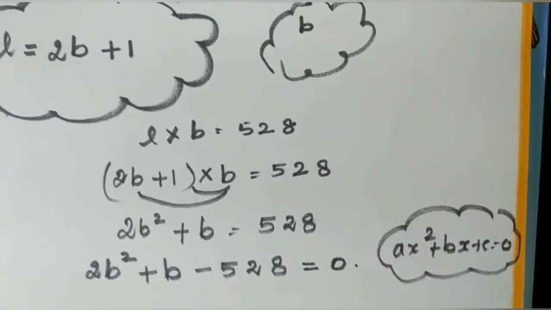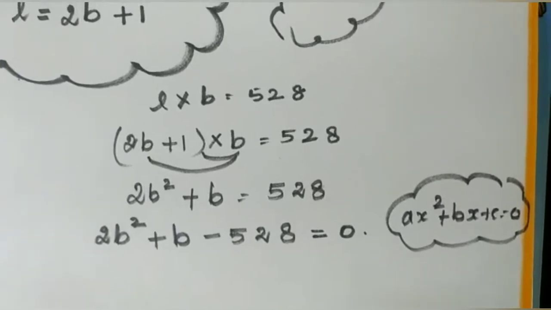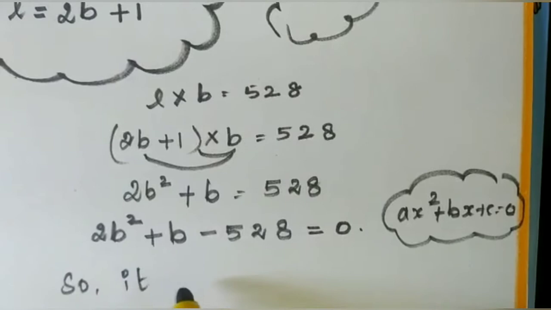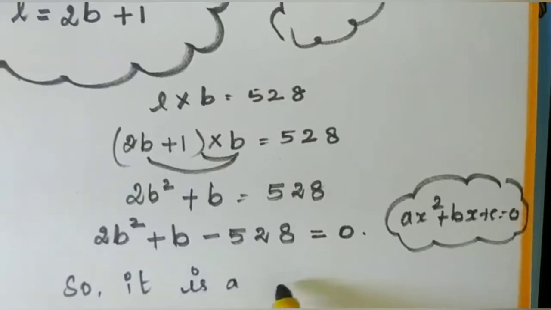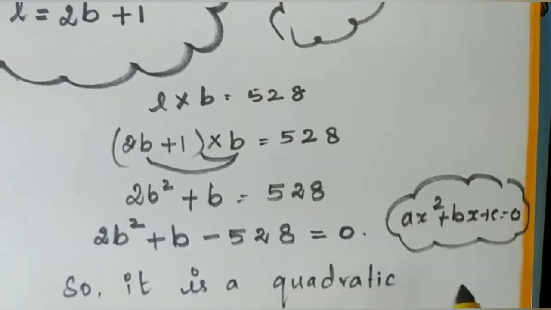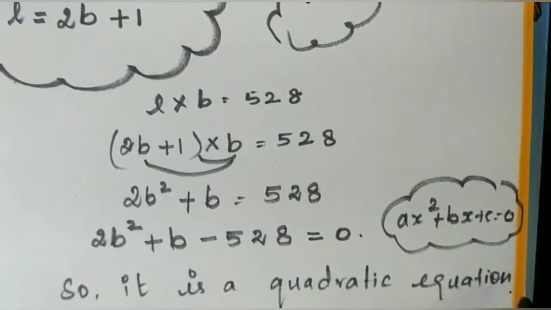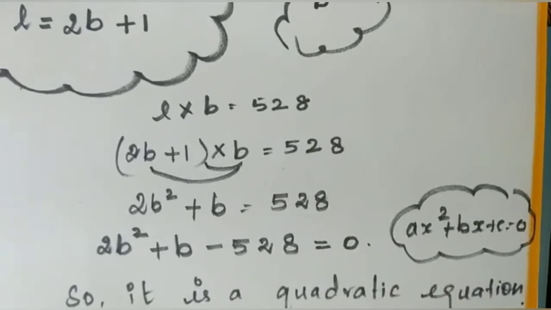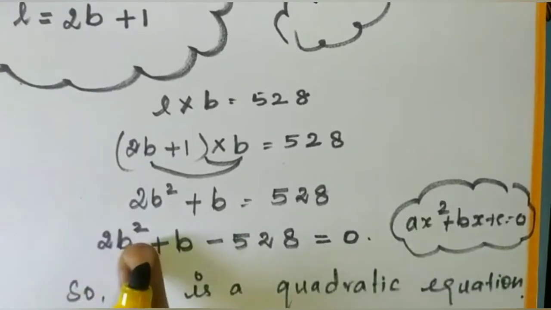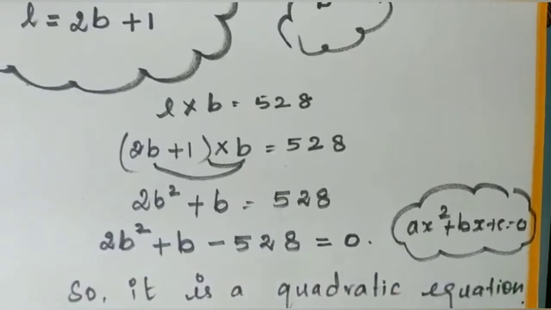This is the quadratic equation. Clear all of you? So by using the given statement, we find the quadratic equation 2B square plus B minus 528 is equal to 0.